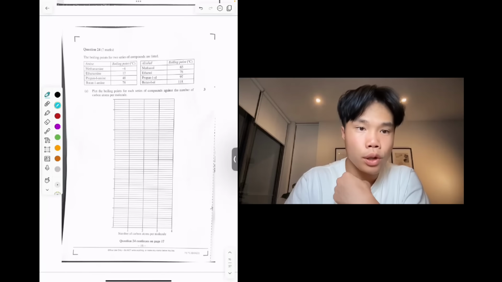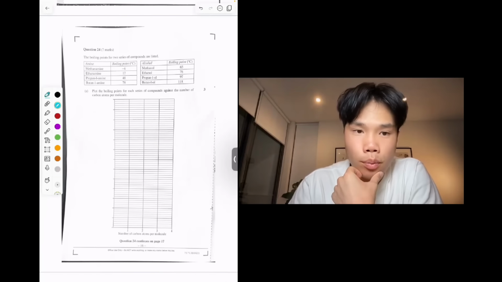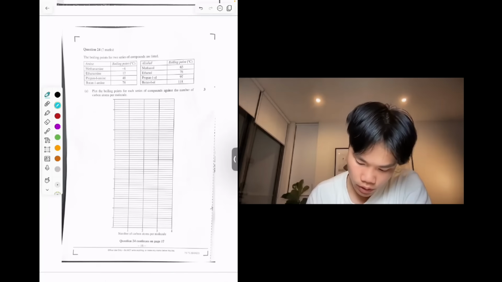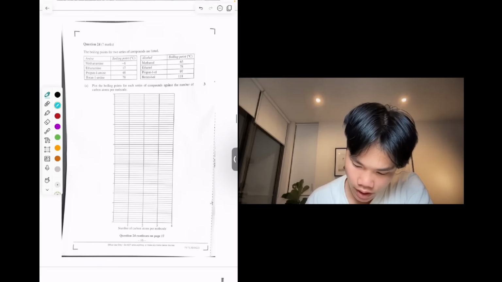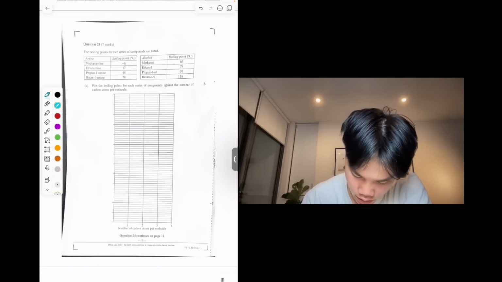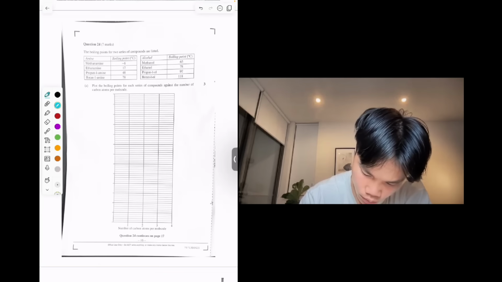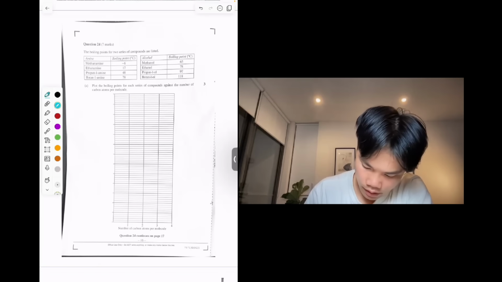Question 24. Plot the boiling points for each series of compounds against the number of carbon atoms per molecule. So you've got boiling points going up to 118. You have 14 lines.